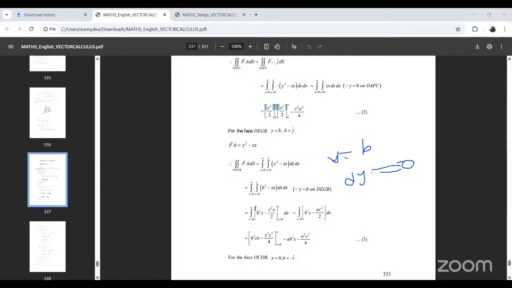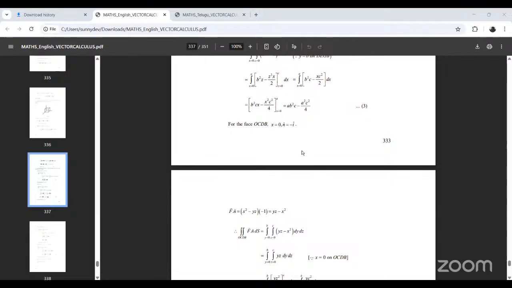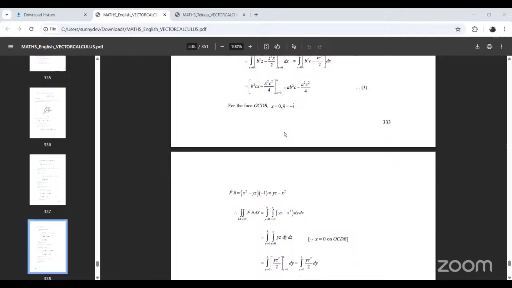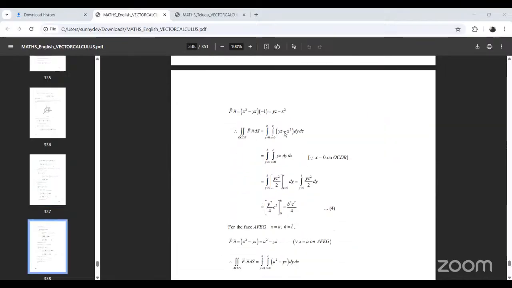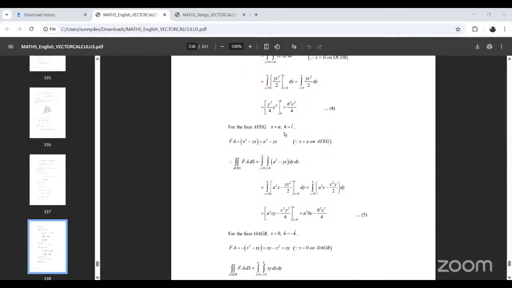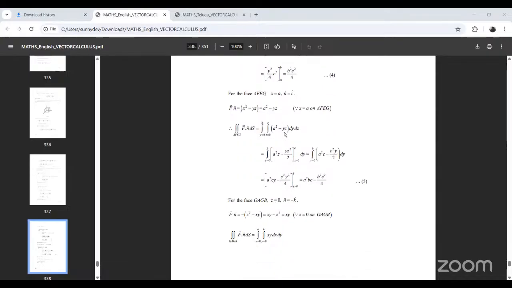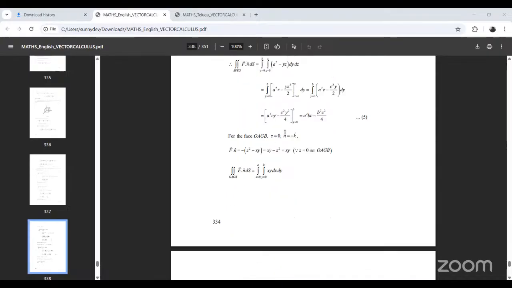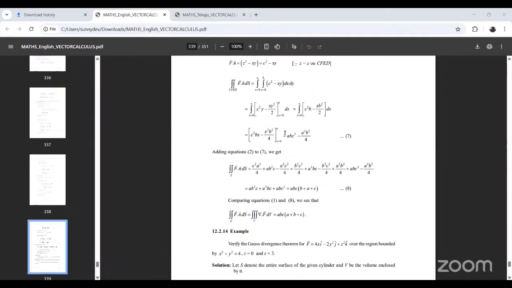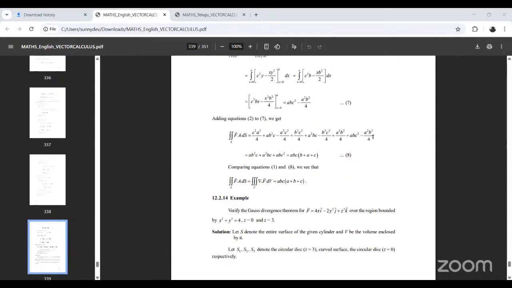Next, OCDB. Here x equals 0 and n equals minus i. So we are getting f dot n into ds. Next AF, where x equals a and n equals i. So for all the faces we find that the total is abc into (a plus b plus c).